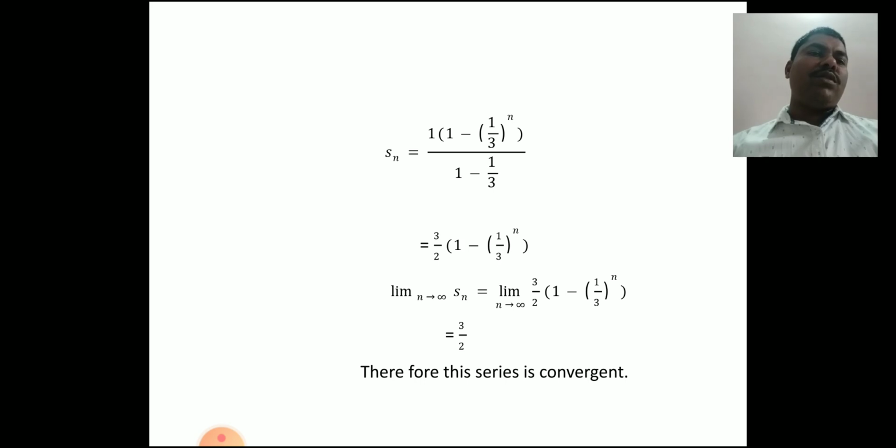So here when we apply the limit, (1/3)^n is 0, because limit of x^n as n tends to infinity is equal to 0 if x is less than 1. So we get 3/2. So 3/2 is a finite value. Therefore the given series is convergent.